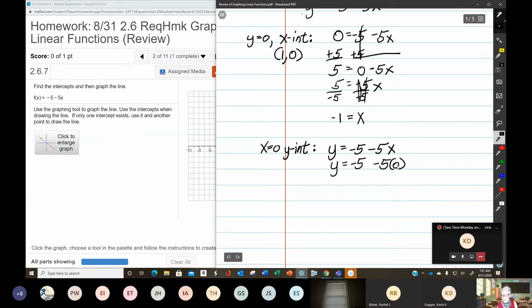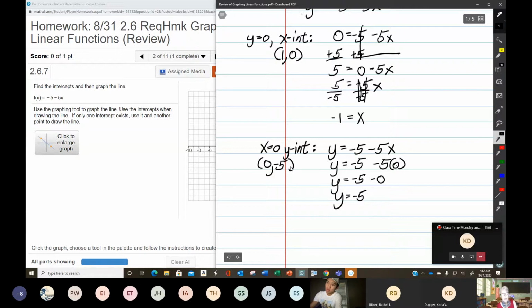Of course, -5 times 0 is 0, so that will give me y equals -5. You could say -5 minus 0 or plus 0, but -5 plus or minus 0 is just -5. So y equals -5. And now I know that when x is 0, y is -5.